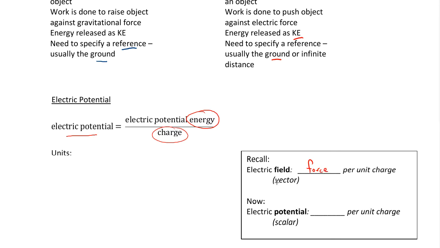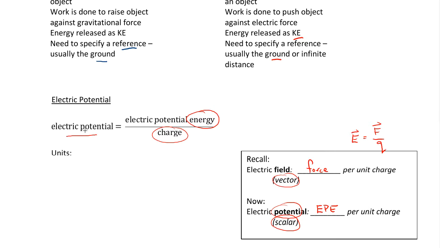And because the electric force is a vector, the electric field was a vector as well. Again, we saw that the electric field is equal to the force per unit charge. Now we're introducing the concept of electric potential, and it's equal to the electric potential energy per unit charge in the same kind of way. Now, because potential energy is a scalar, electric potential is a scalar as well.